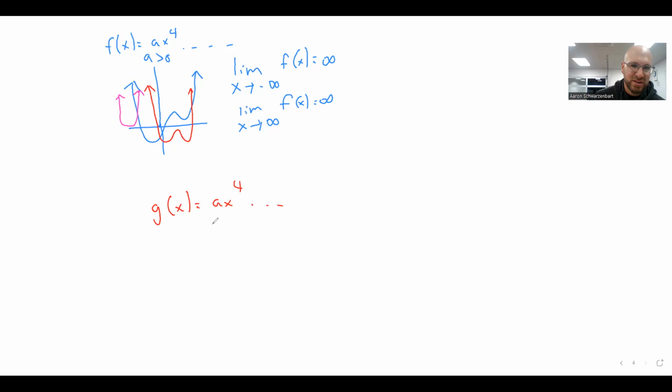Now, as I go down, what changes? As a is less than 0, it opens down. Again, I've got all the options for shapes, but they're all opening down. All the options for shapes I gave them, I gave them an upward opening one.